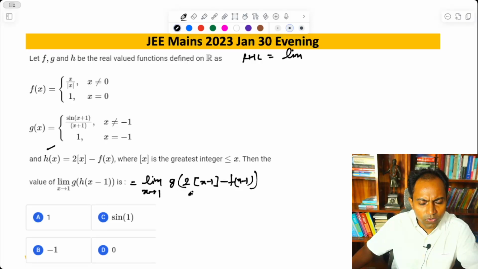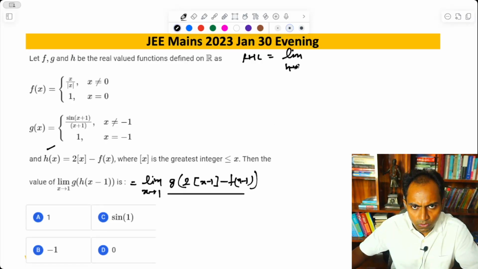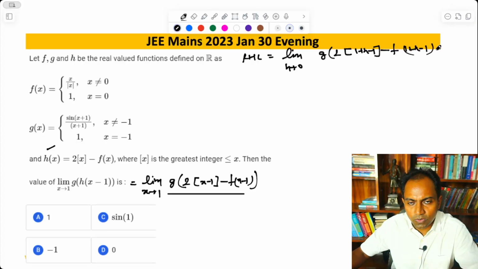So I am removing that confusion by doing this, so that there is no confusion. So h tends to 0, this will become g of 2 times GIF of 1 plus h minus 1, and then f of 1 plus h minus 1, and then bracket closed.